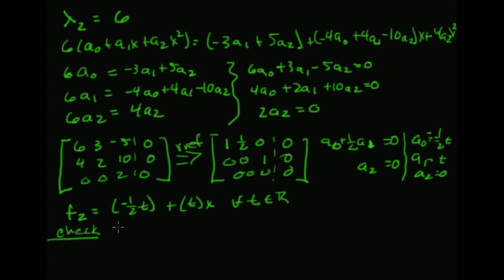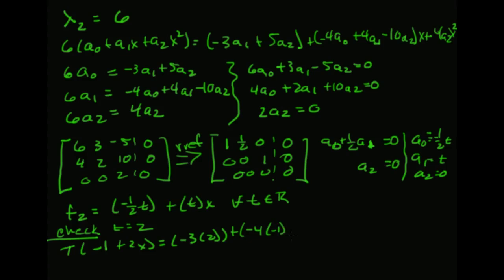Alright, so we can check again, right? Just kind of making this make sense. And again, it makes sense to let t equal 2. So we're going to take the transform. If I put 2 in here, I'm going to get negative 1 plus 2x. If I do that transformation, I should take negative 3 times 2. So that's my constant term.